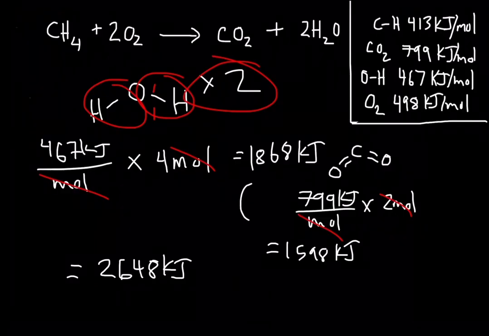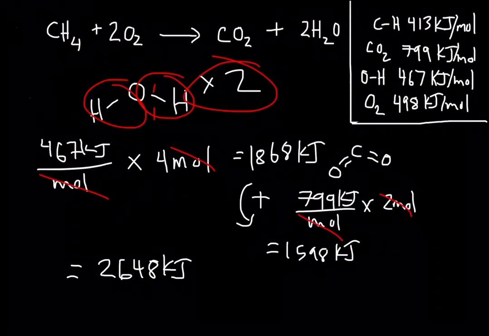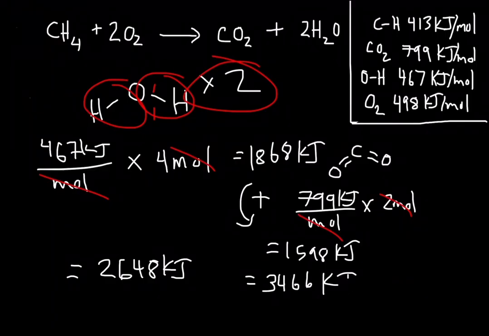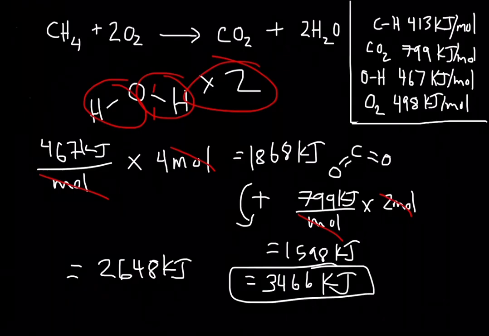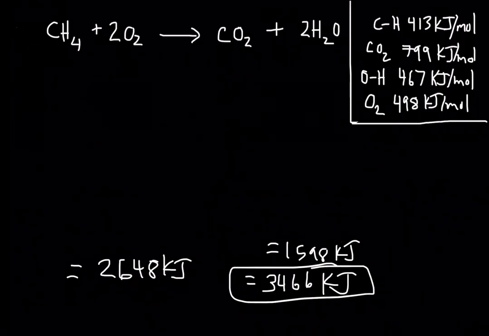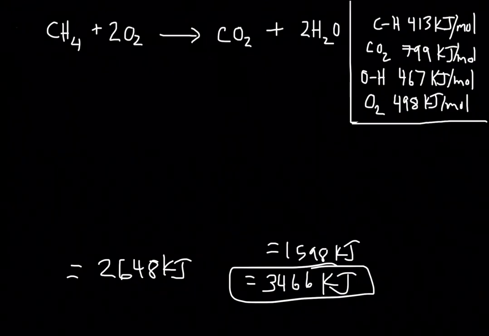And now we can add these 2 up. 1868 plus 1598 should give 3466 kilojoule. This is how much energy is formed. Now we need to find the delta H, the enthalpy.